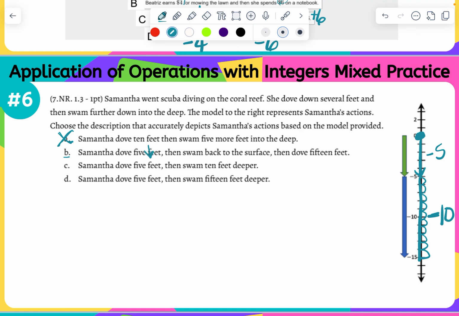This is down and then back up, so that wouldn't be it. She dove down 5 feet and then swam down 10 feet deeper. This one says she dove down 5 feet and down 15 feet. Nope, she went to 15 feet. But the answer here is C, because she went down 5 and then down 10 more.